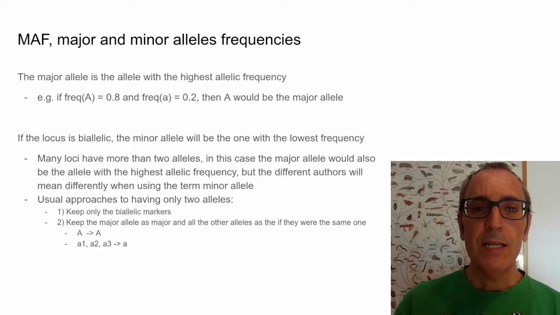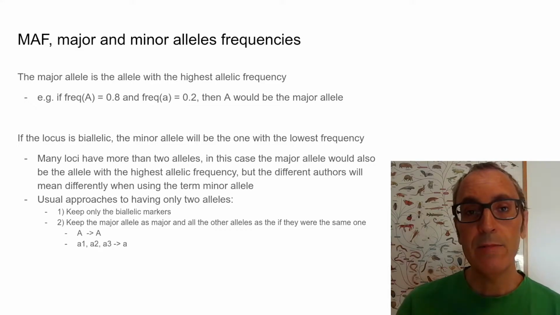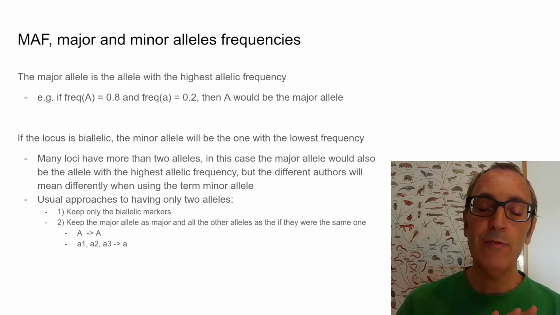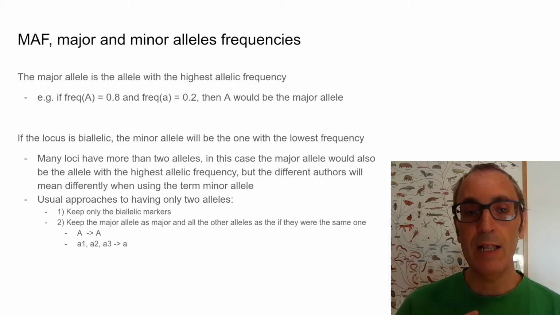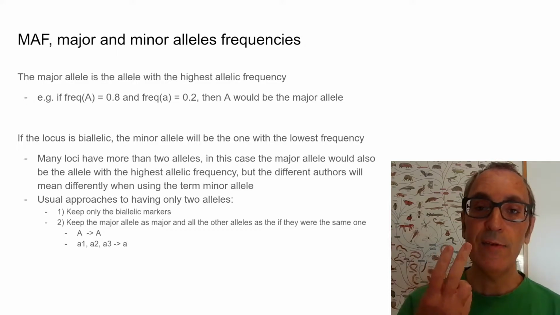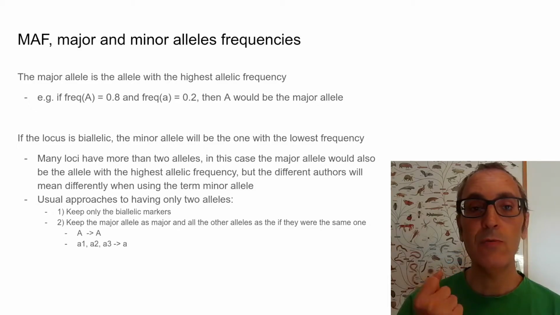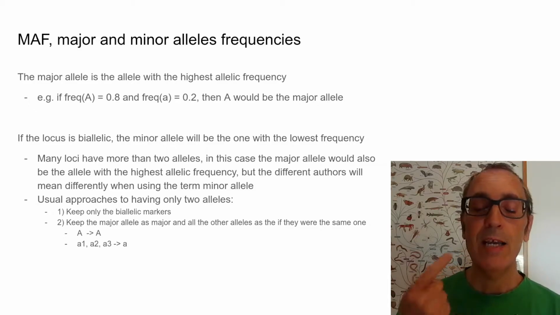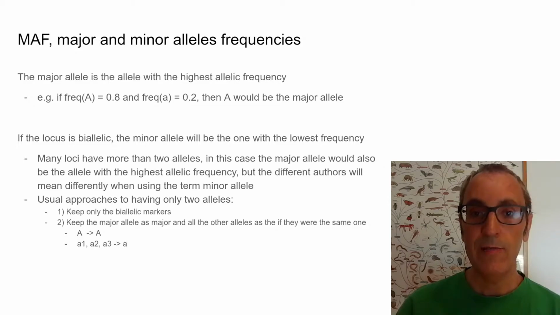Another concept you will hear in population genetics is the major and minor allele frequencies, MAF. It's a little bit confusing because sometimes when we talk about MAF, we talk about the major allele frequency and sometimes about the minor allele frequency. If we only have 2 alleles, the major allele frequency would be the allele with the highest allelic frequency, and the minor allele frequency would be the allele with the lowest allele frequency.